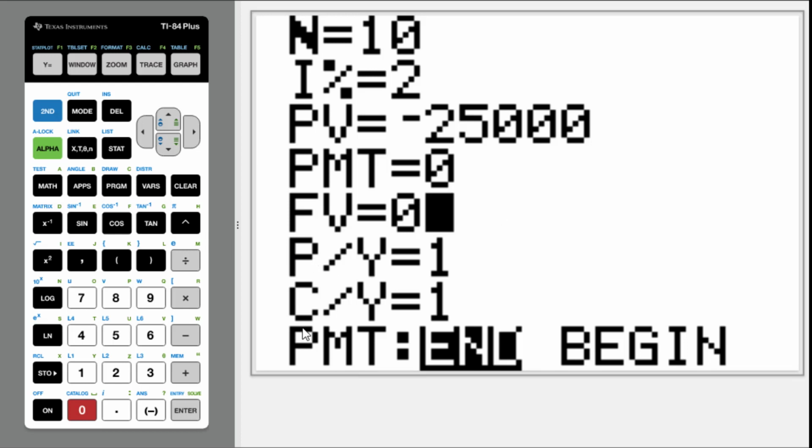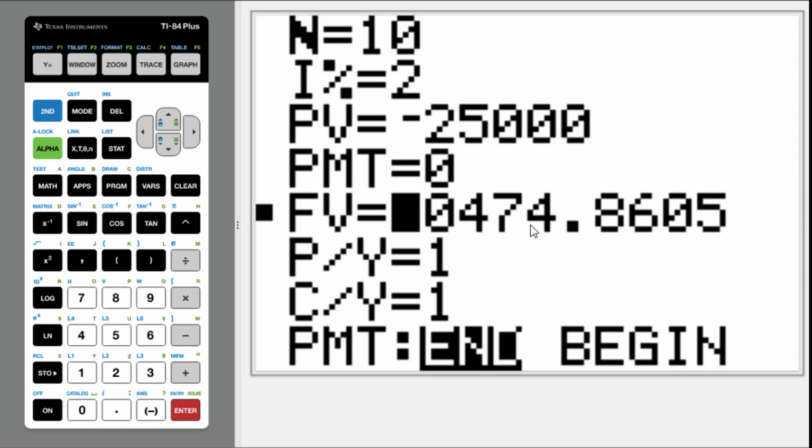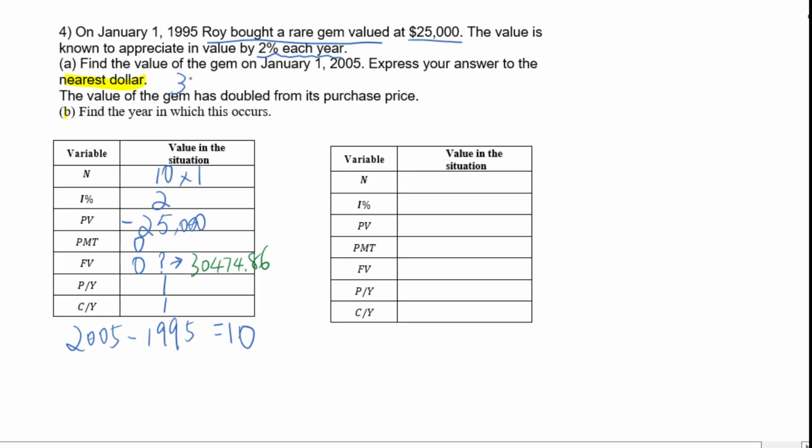Payments per year and compounding periods per year are both 1. Then we do alpha, enter to get the future value, $30,474.86, which is $30,475.